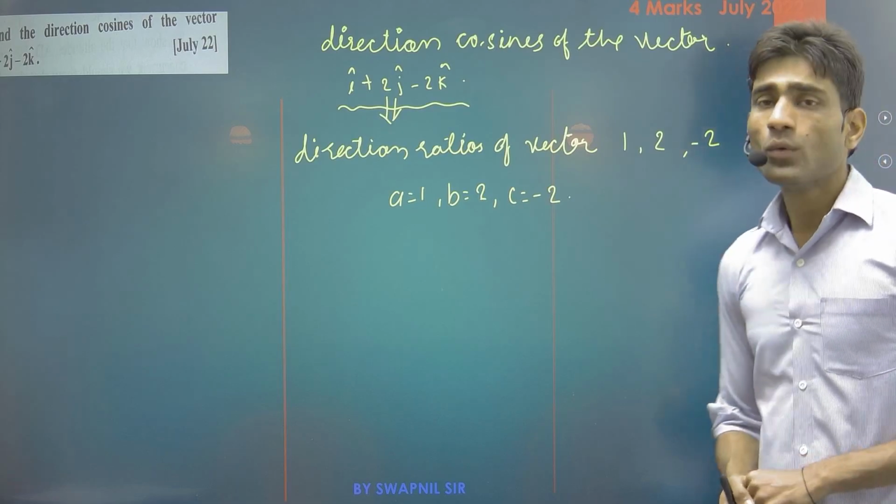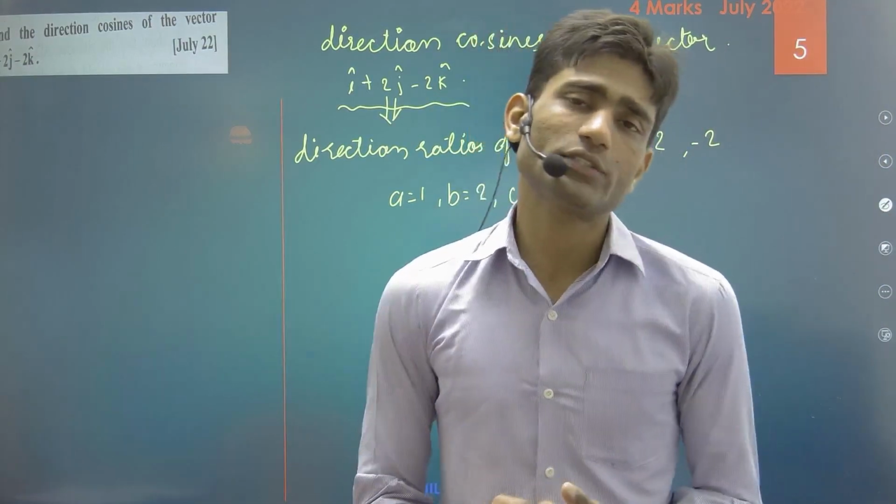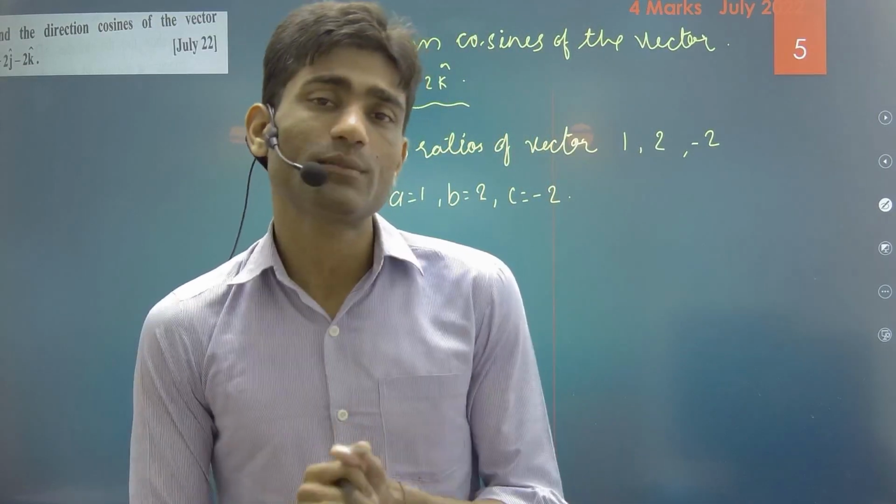Now we have to work on the direction cosines. In order to find the direction cosines of a given vector, we use a standard result.